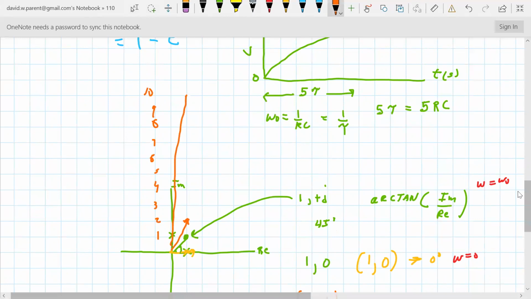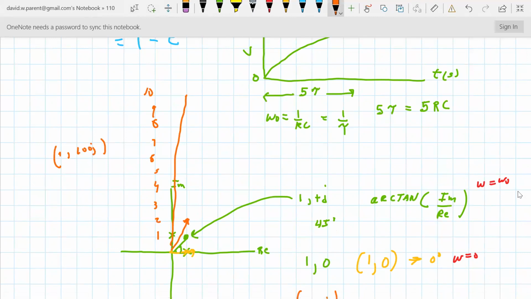Now you can see my phase is getting close to 90. Now what if I plotted 100j? Well, then that goes right off the screen, and it's really going to be practically 90 degrees.